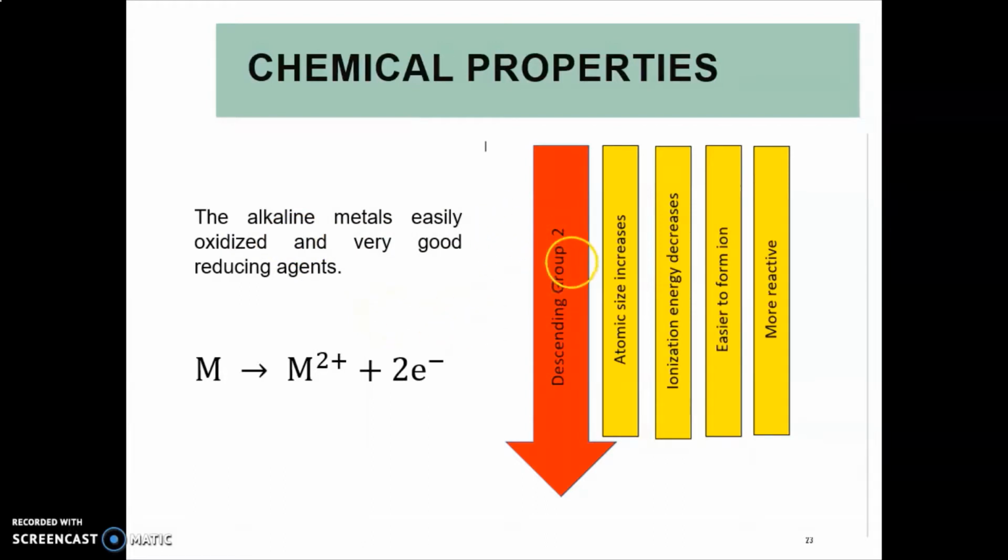Descending group 2, the atomic size increases and the ionization energy decreases, so it is easier to form metal ions. Thus the elements become more reactive from top to bottom of group 2.